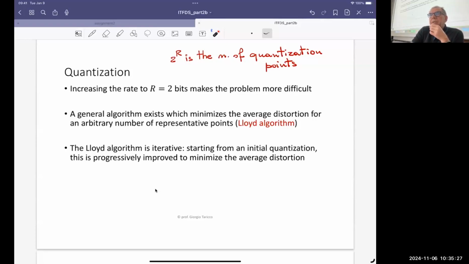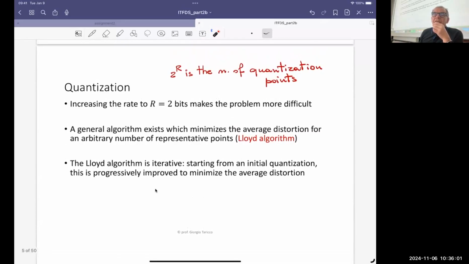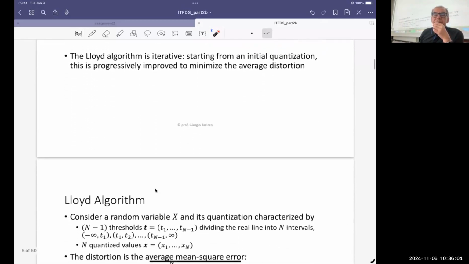We just pick them randomly, and this initial set of quantization points is progressively improved. That is, the corresponding distortion is progressively improved by this algorithm until the minimum distortion is found. So the next thing that we want to see is how this Lloyd algorithm works.